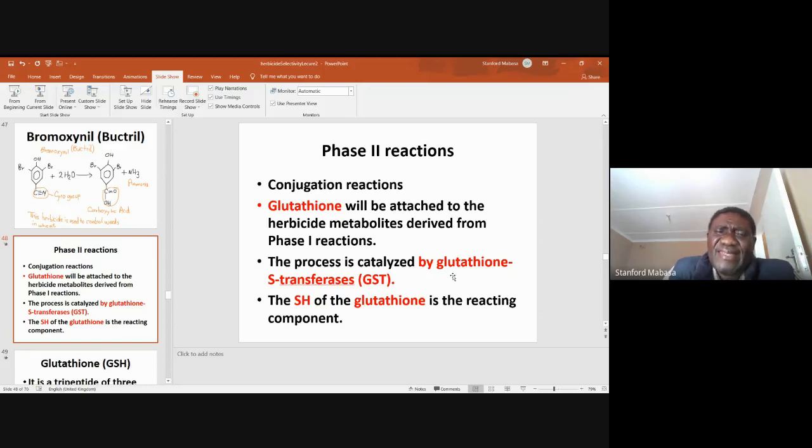What is interesting about glutathione is that it has a reacting component known as the SH. That is the one which can attach itself to the products from phase 1.